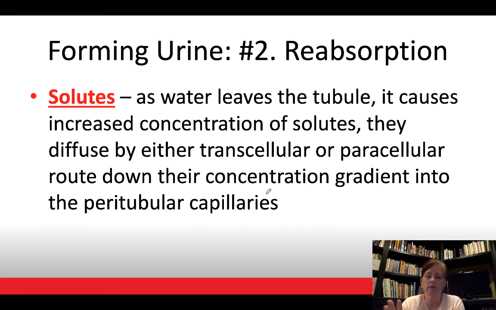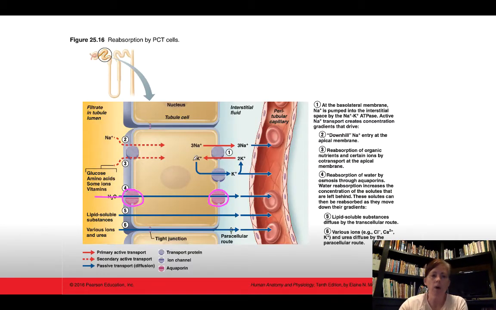So there's lots of potassium and chloride and hydrogen ions and all of that. Generally what's going to happen with them is that as water leaves the tubule, it's further concentrating the solutes in the tubule itself.